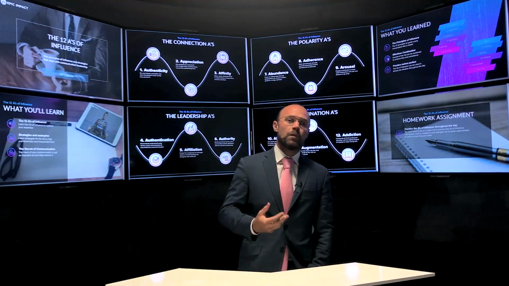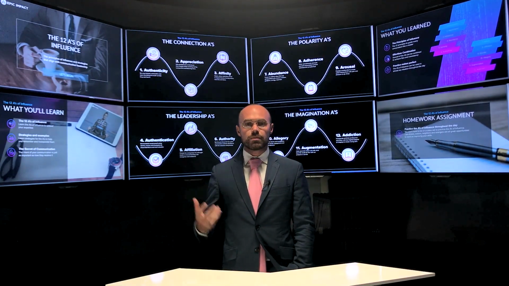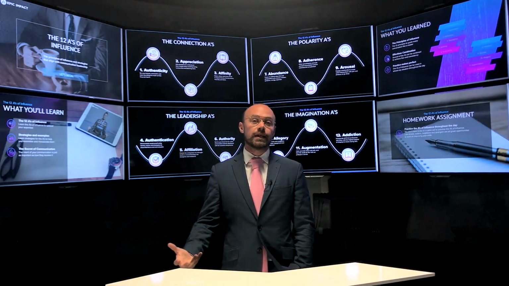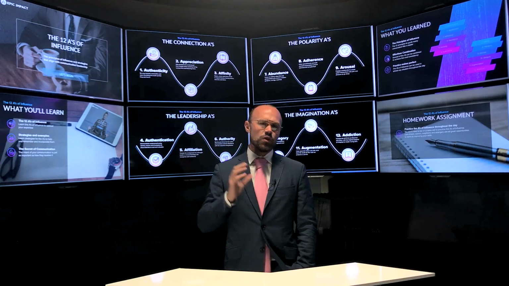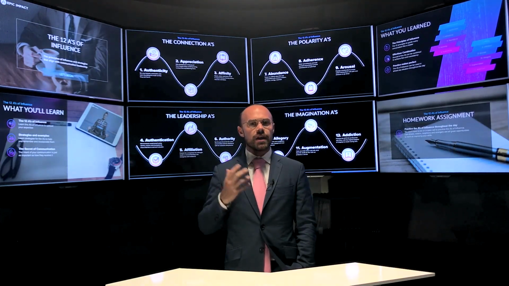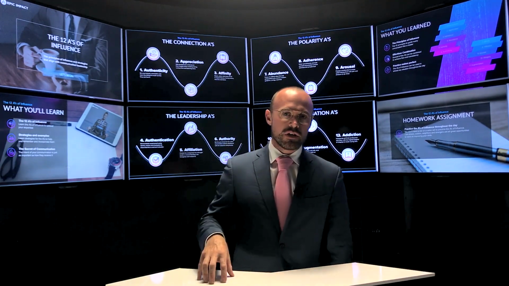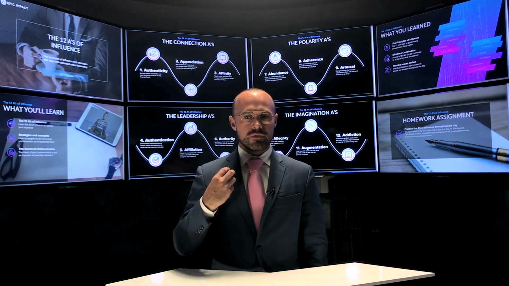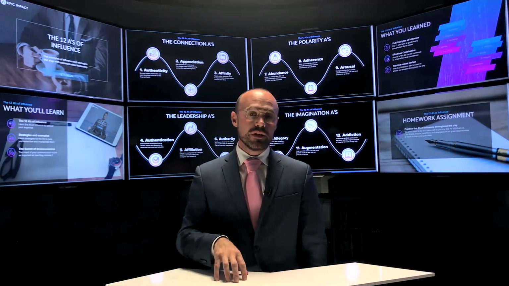Setting that frame will help you understand how to effectively serve the prospect, the customer, the person you're leading in a way that meets their outcome, and then you can align your outcome, your agenda to theirs, and simultaneously drive their needs and your needs forward in a way that creates alignment, cohesion, and connection, and ultimately builds trust in the relationship.